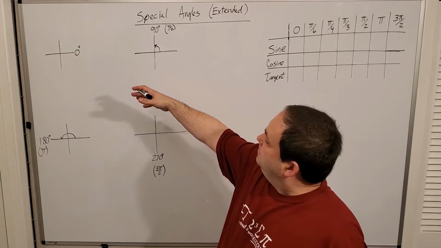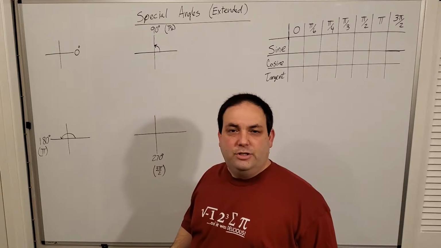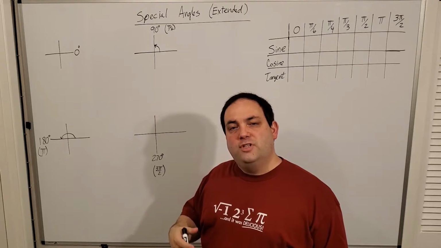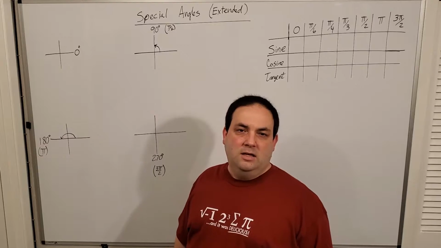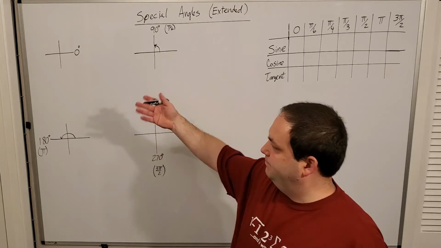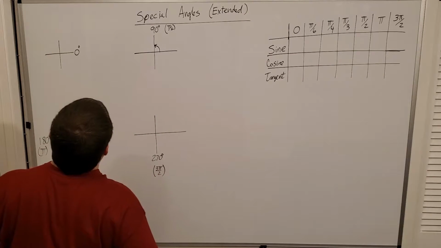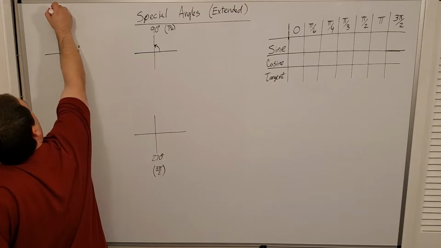Okay, so here what you need to remember is just our definition of sine, cosine, and tangent using points that are on the terminal sides of these angles, right? So let's write those down real quick. The sine, cosine, and tangent were defined.